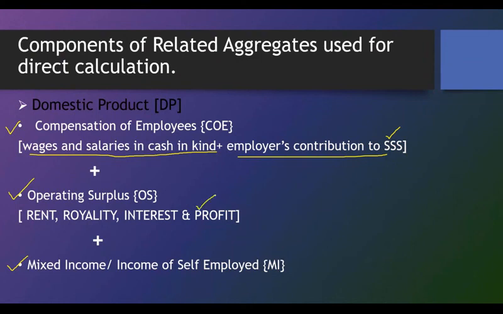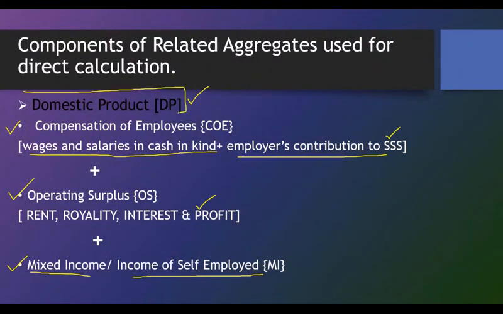Mixed income is the income of the self-employed, which we get in the numerical question. We don't have parts of mixed income. Adding these three, we get domestic product. This was the first family member of that related aggregate.